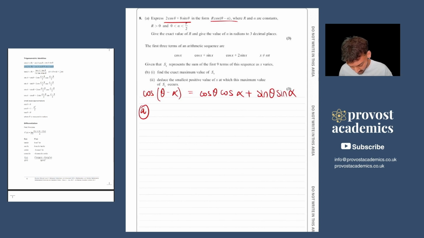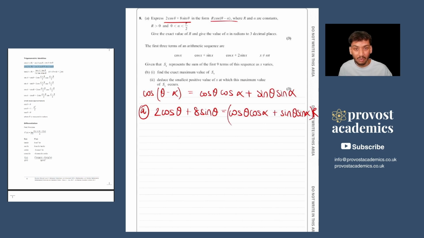Okay, so what do we have? So we have 2 cos theta plus 8 sine theta is equal to cos theta cos alpha plus sine theta sine alpha, and all of this is multiplied by some r. Honestly, we don't need to find what r is at the moment, because you'll see by the method I'm using, r's will cancel out anyway because I'm going to divide.